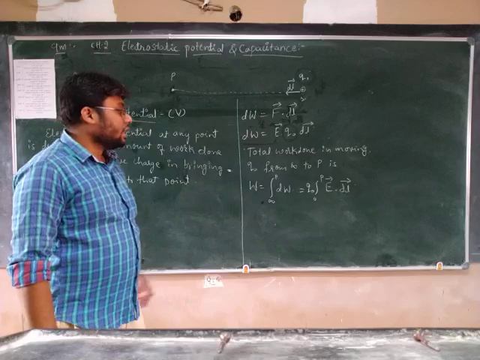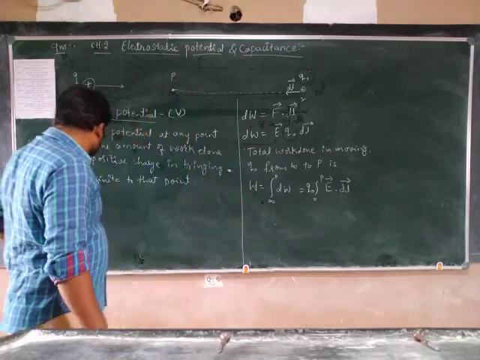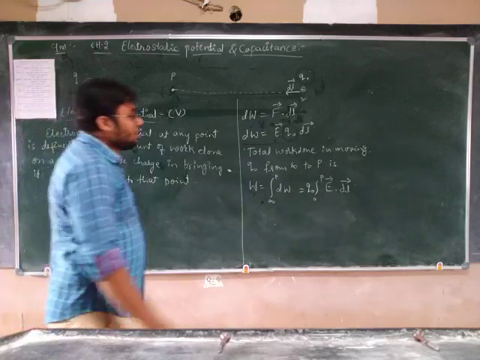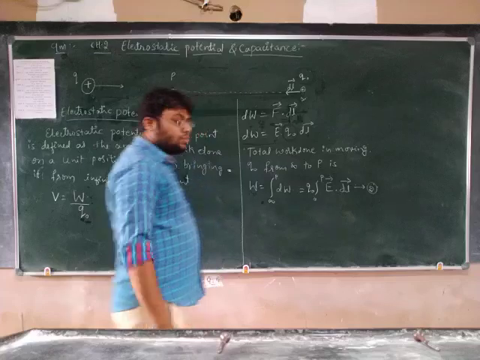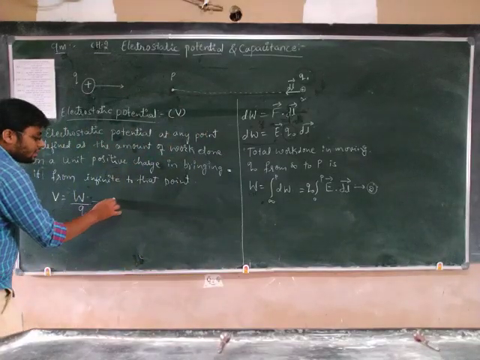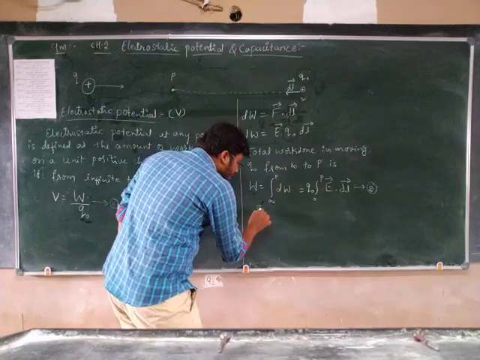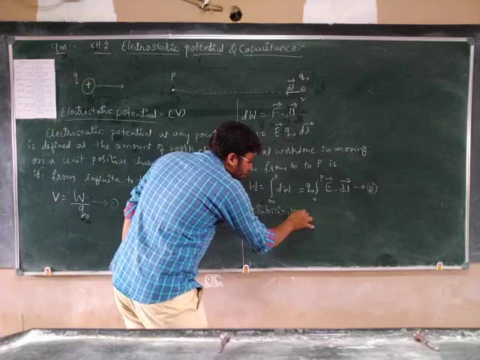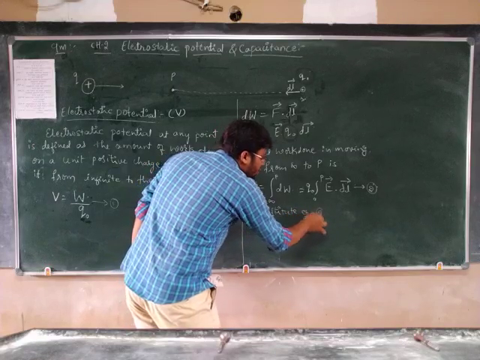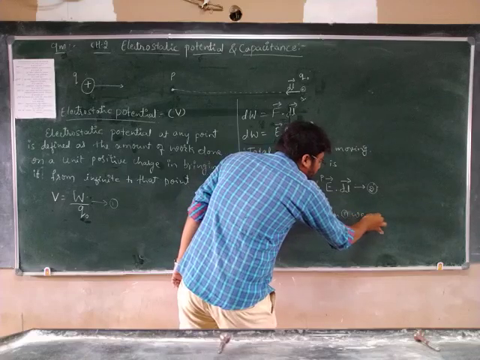Now we just have to substitute the value of W from this equation into the other. Call this equation number 2 and the other equation number 1. Substitute equation 2 in 1.